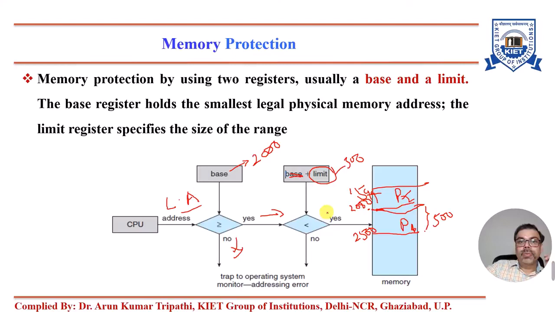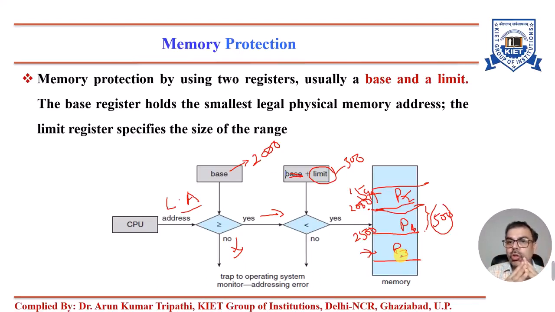Now it will check whether the address generated by the CPU lies within this limit value or not. Suppose that the CPU has generated an address 2800, meaning 2000 is the base value and 800 is the limit. So it will generate another address that resides in the location of process P3.